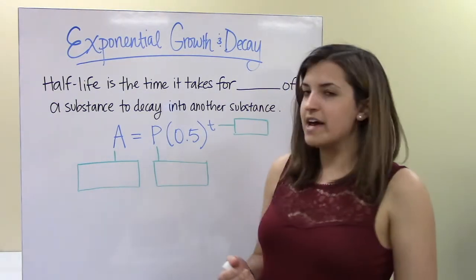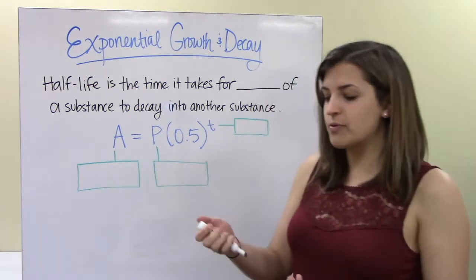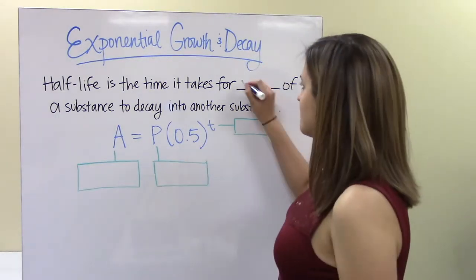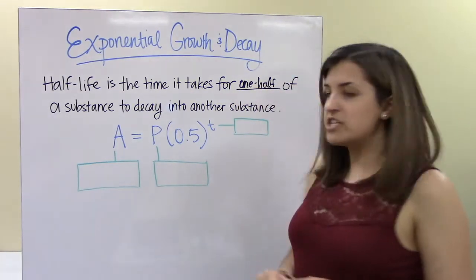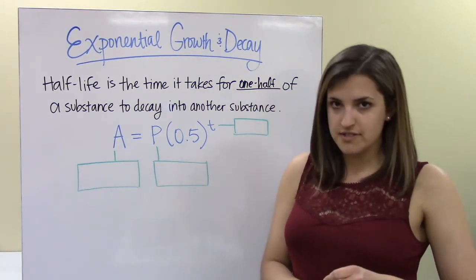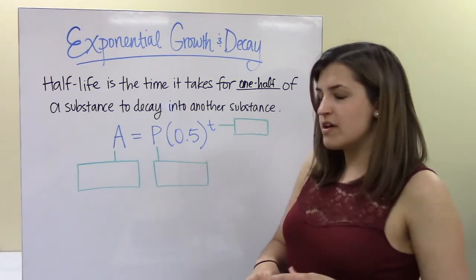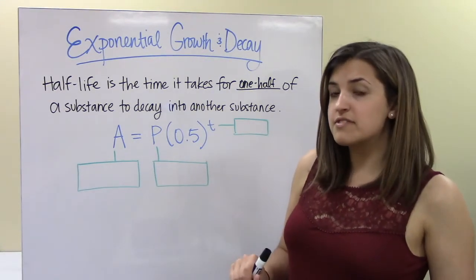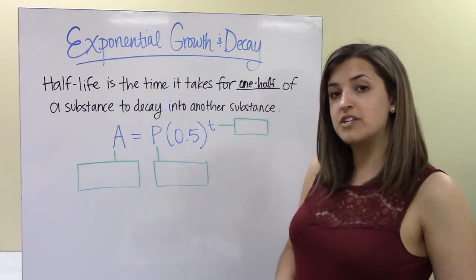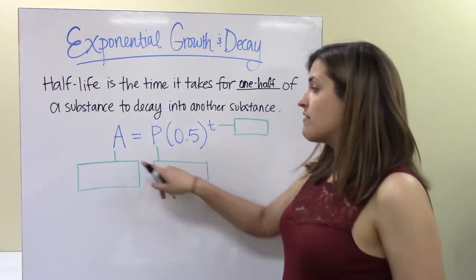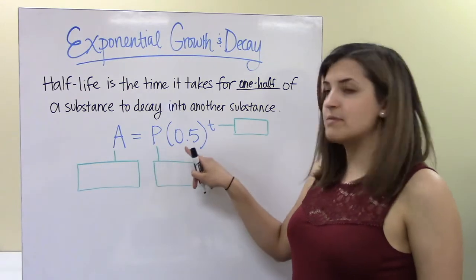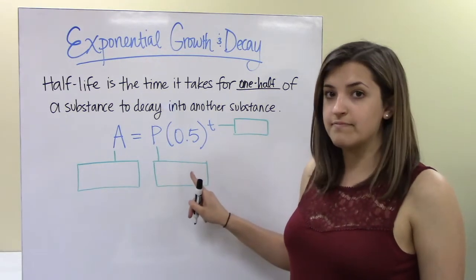So a half-life is the time it takes for, you guessed it, 1/2 of a substance to decay into another substance. So the formula for this looks very similar to an exponential decay function, but we have a few new variables here. So we have A equals P times 0.5 to the T.